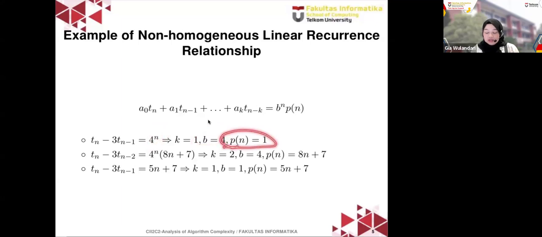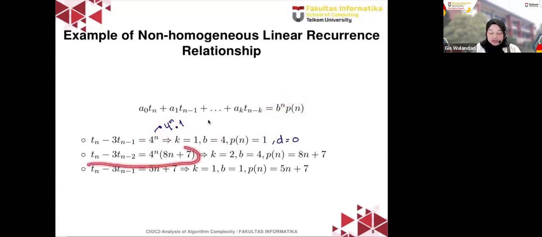And the degree of the polynomial is 0, because we have d as the degree of the polynomial. Because this can be written as 4 to n times 1. So this is the b to n part. 1 is the polynomial part.